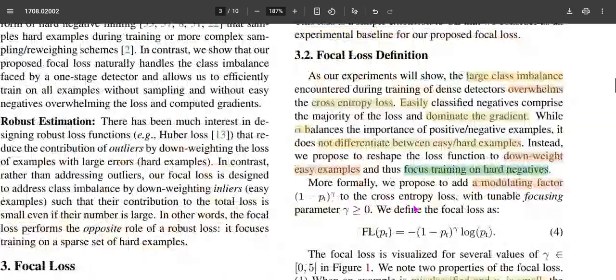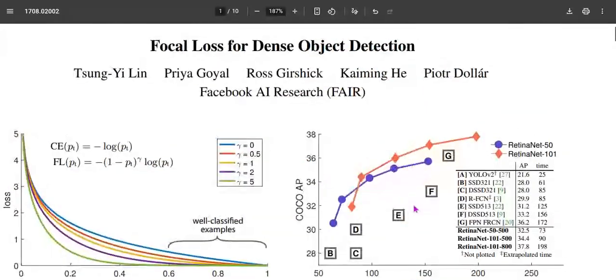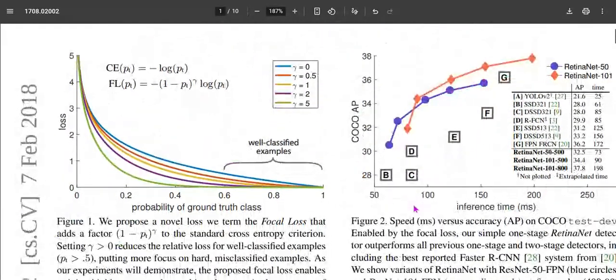Now if we go to figure 1, if gamma is 0, this is the standard cross entropy. You see the blue line is well above the x-axis, and the well classified examples give a heavy contribution to the loss, which swamps the very small number of hard samples.